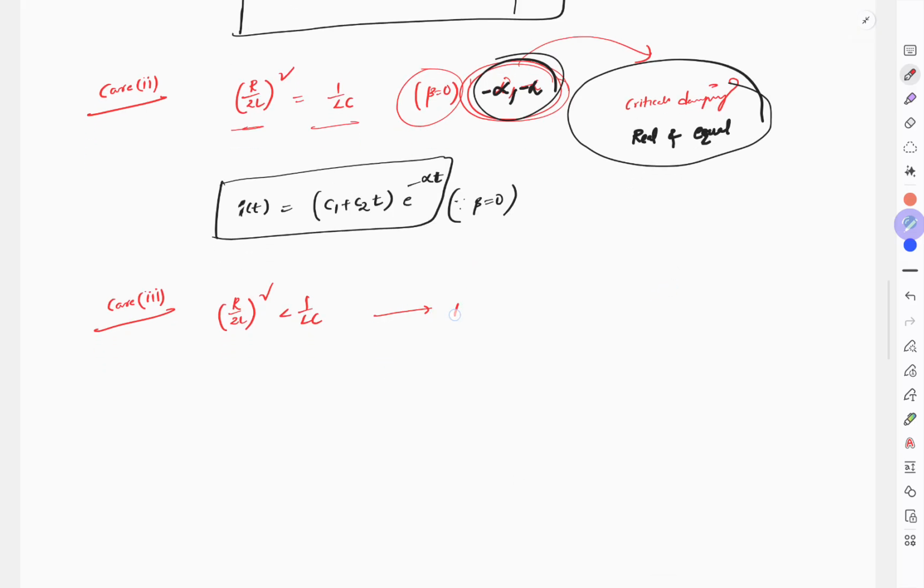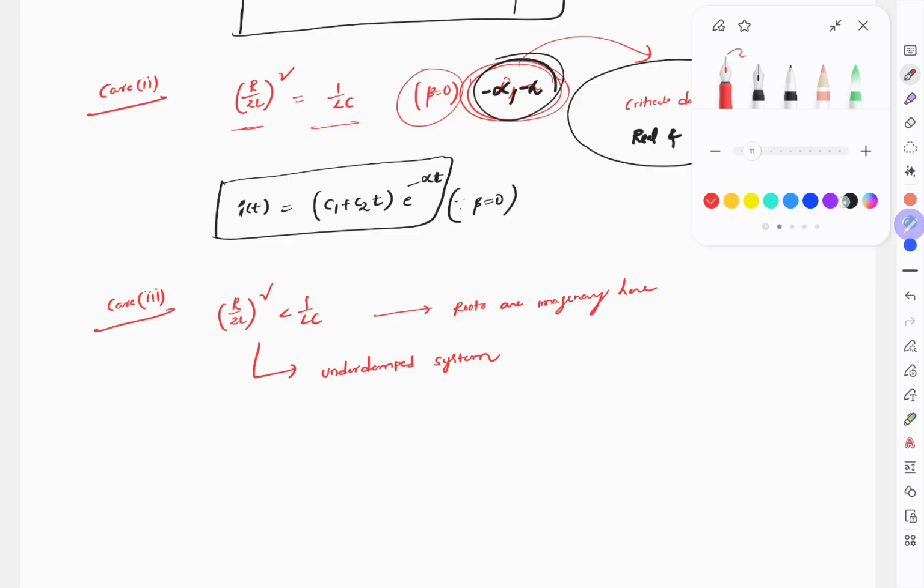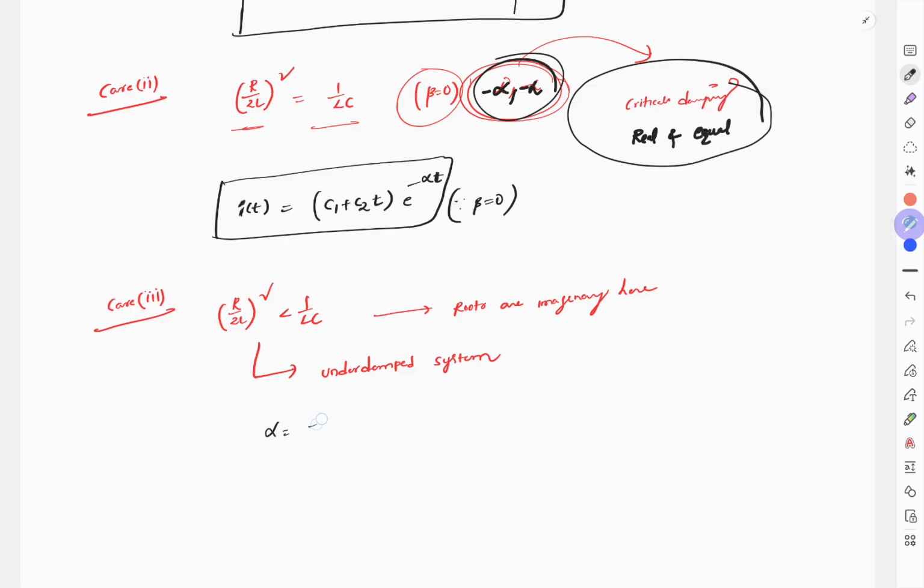So the roots are imaginary here. If the roots are imaginary, then what do we call it? It is an underdamped system. It means that alpha is equal to minus R/2L, and beta is equal to the square root of 1/LC minus (R/2L) whole square, because 1/LC is dominating.